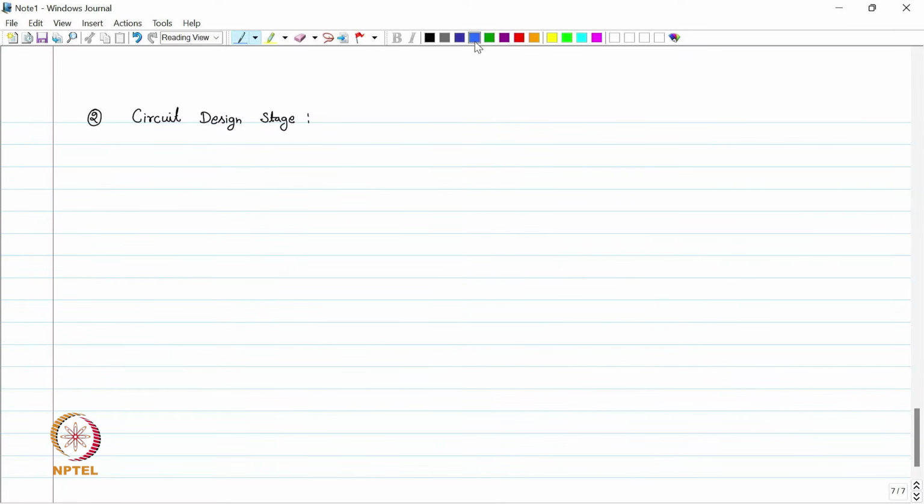So we make something called a net list. In this net list, we specify the electrical connections, we specify the type of analysis we want to perform, and we also include models.